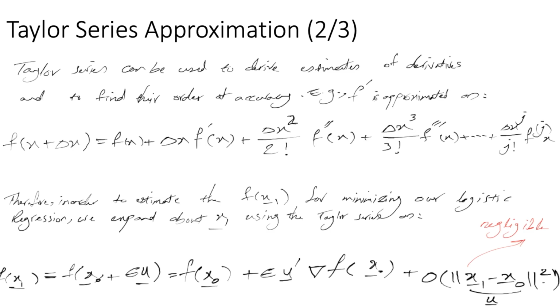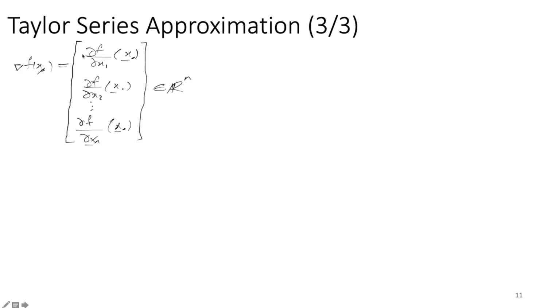And through this formula, we could compute the gradient of f of x0 using this: the derivative of f over the derivative of x1 at the point of x0, and that was going on for the whole vector of x.